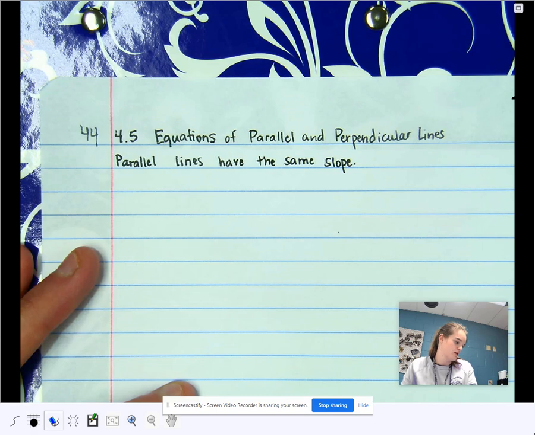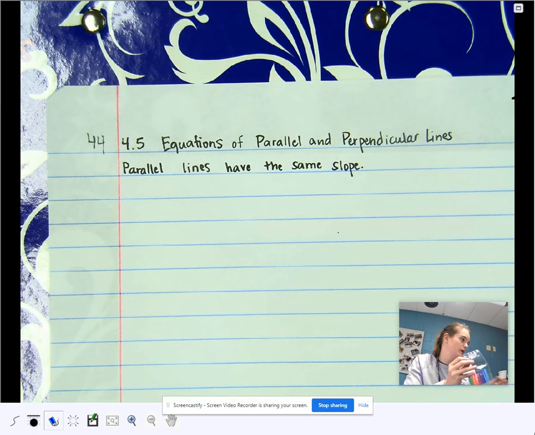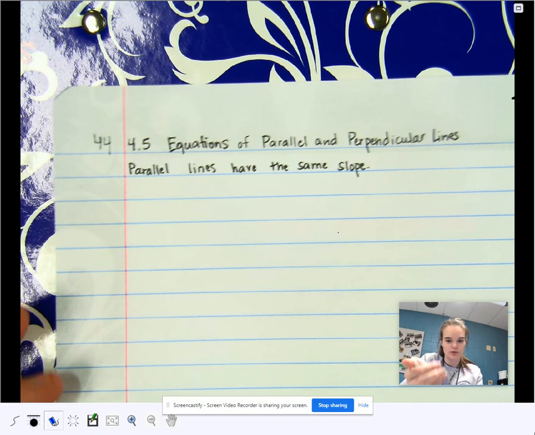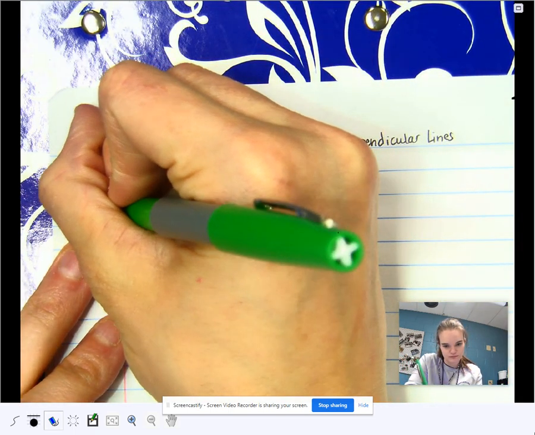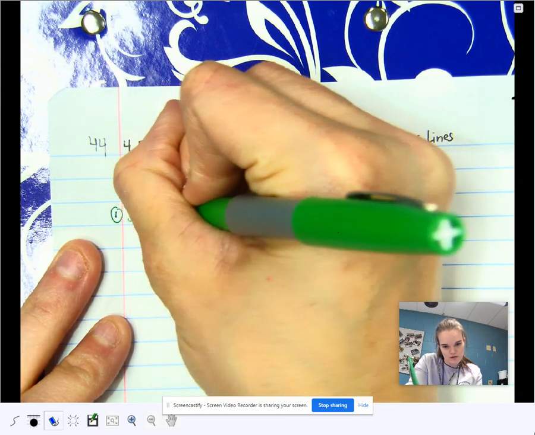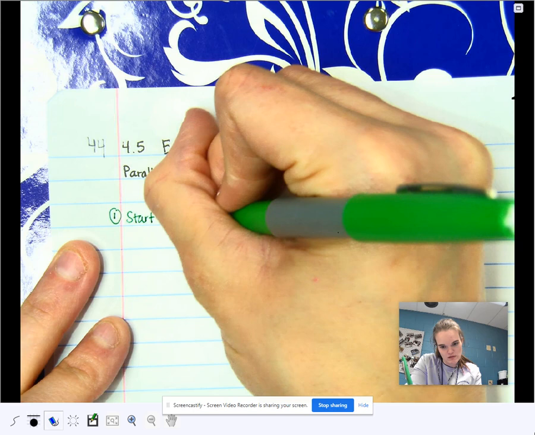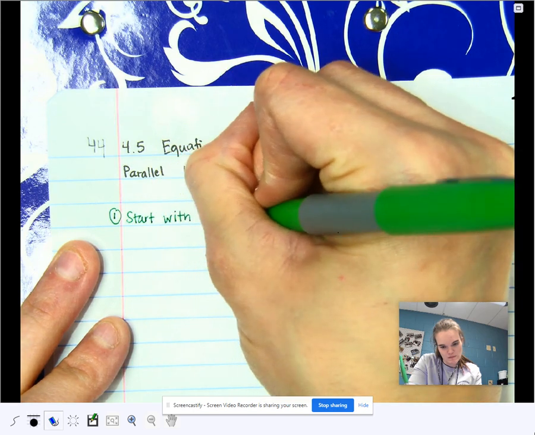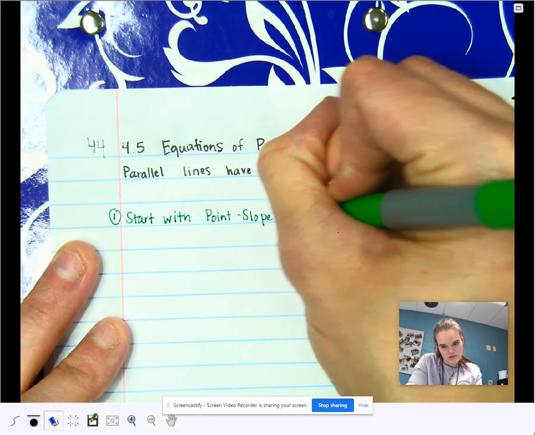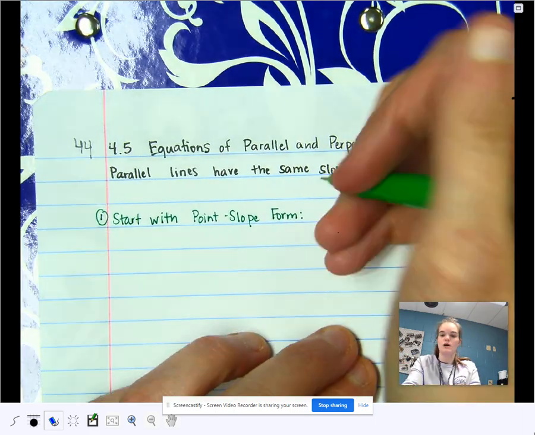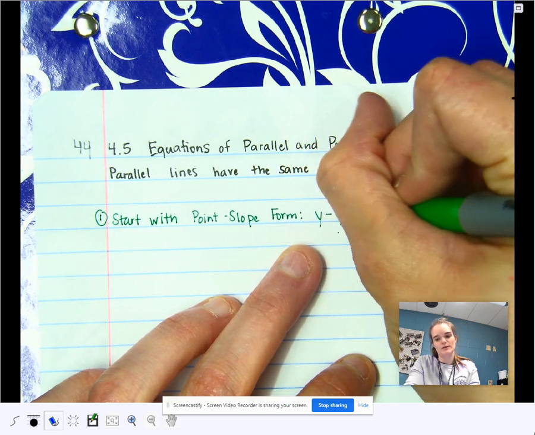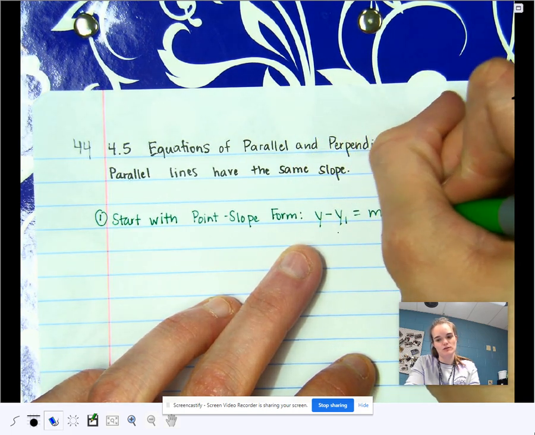Today, we will start with point-slope form, which is y minus y1 equals m times x minus x1.